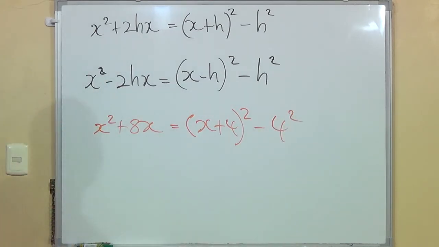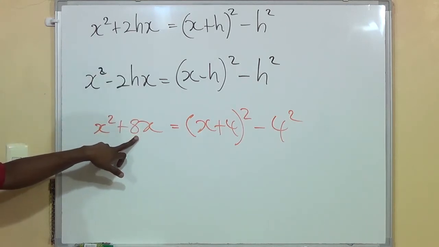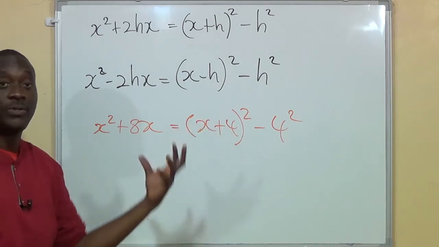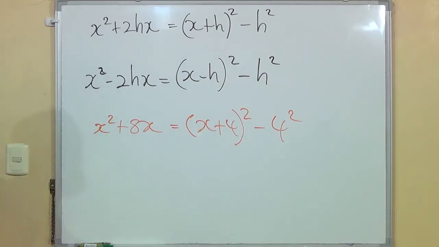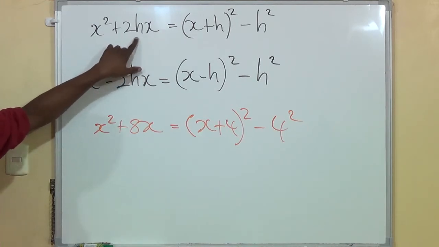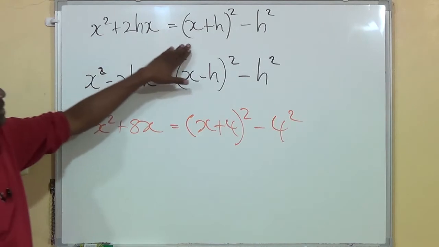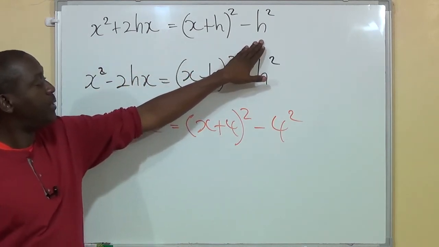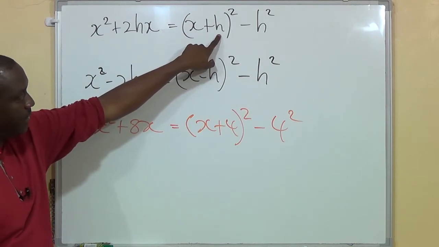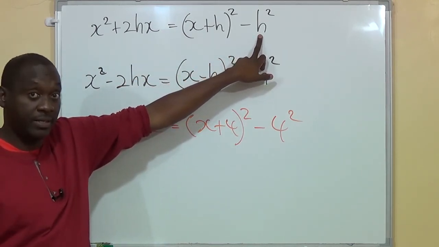And the reason why I could do that is because if 2h is equal to 8, then h is equal to 4. So in other words, if we have the expression in this form, whatever the coefficient of x is, we can write it over in this form, provided that we take half the coefficient of x here and half the coefficient of x here as well.